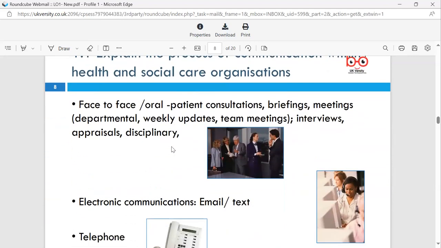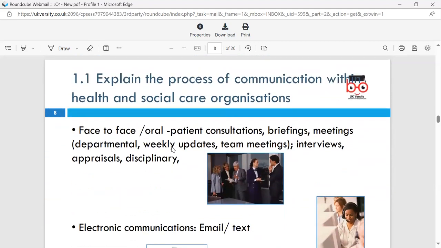1.1, explain the process of communication within the health and social care organisations. So, face-to-face oral patient consultations. Why is it so important to have face-to-face communication? Face-to-face communication gives instant feedback. You get instant feedback there and then. For example, if you're trying to agree on something, you can easily tell.